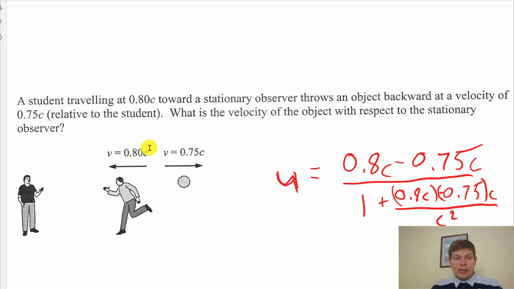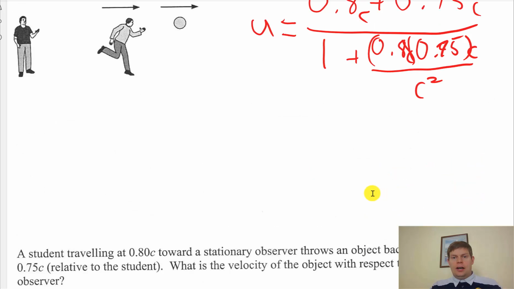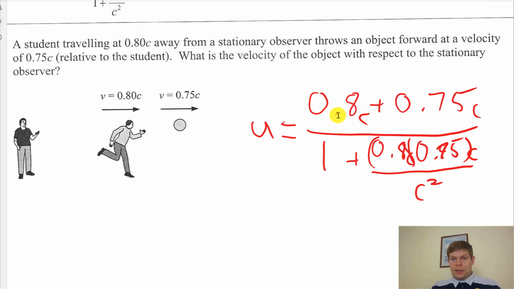Anyway, if these two are not in the same direction, when you do the top part, big minus small, you're dividing by something that is less than 1. So your velocity would be bigger than you would expect by just straight adding and subtracting if they're moving in opposite directions, and it will be smaller than you expect if they're moving in the same direction. So that's a bit of a check.